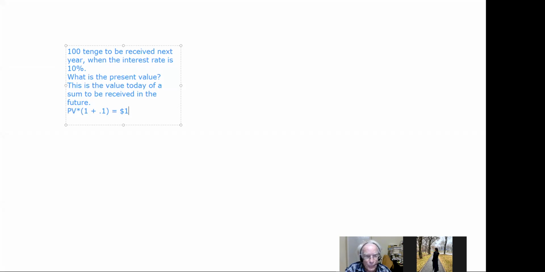Then all of that will add up to 100. So notice that 1 in this case is the principal and 0.1 represents the interest payment to you. So present value is just 100 divided by 1 plus the interest rate, 1.1, about 91 tenge.